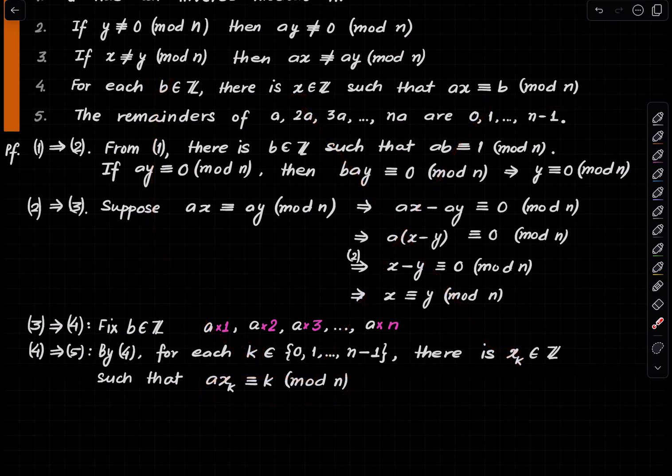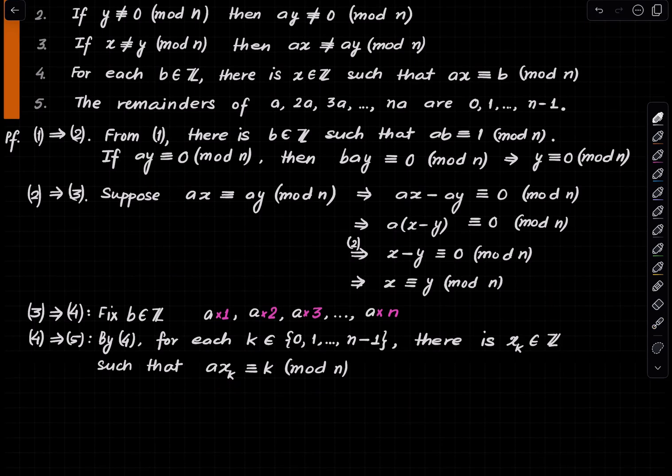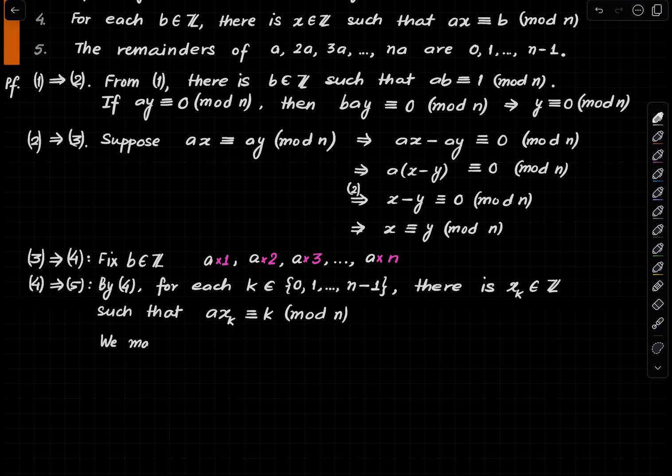Right? So for each k you can find an xk. And further we may assume that each xk is of this form. Whatever xk is, whatever number you pick, it will be congruent to one of the numbers here. So the statement that I'm using is the following.